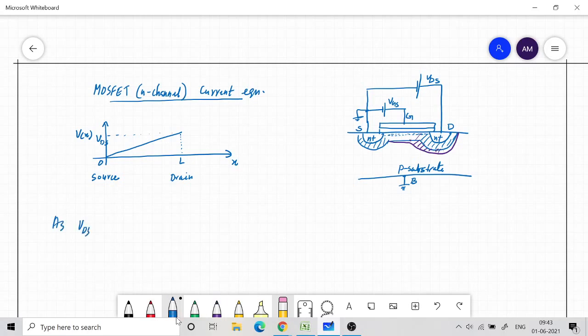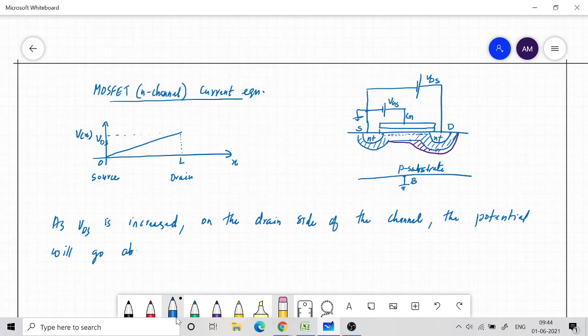As VDS is increased, on the drain side of the channel, the potential will go above VGS minus VT.